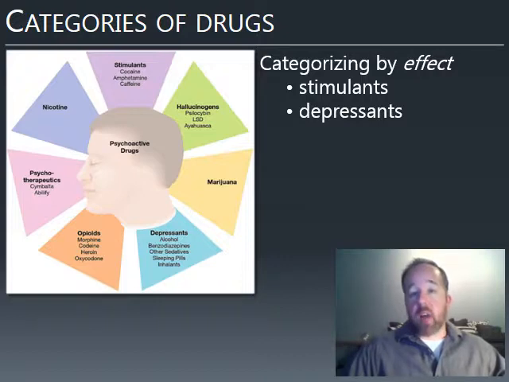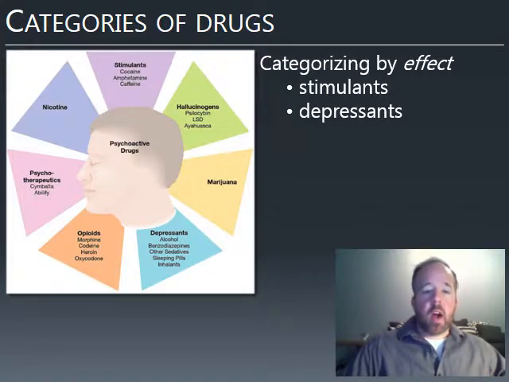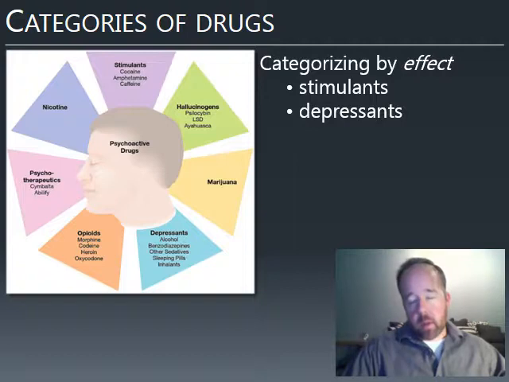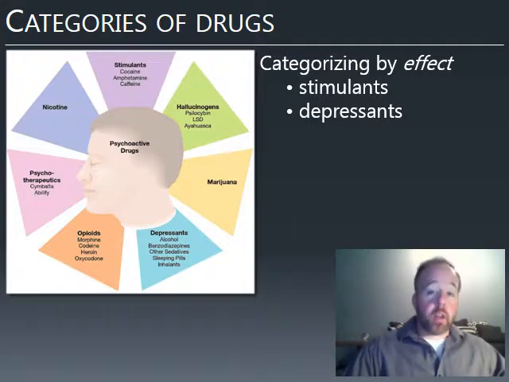There's something as simple as alcohol, ethanol, a very simple molecule, with a wide variety of effects. Other things like Valium, which is a benzodiazepine, are chemically very different from alcohol, but have these depressant effects. It increases restfulness, relaxation, sleepiness, to varying degrees, but this is something that's common to depressants.